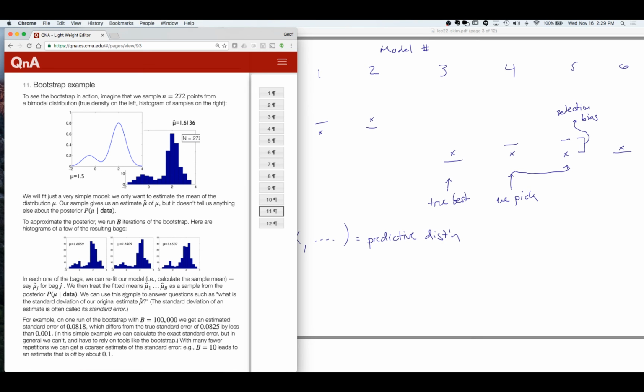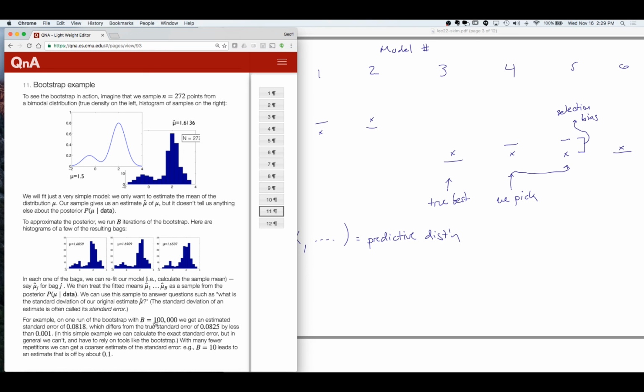Taking the mean of one of the bags corresponds to refitting our model in the jth iteration of the bootstrap, so we get a model parameter, just a mean mu hat, for each bag. We can use our bootstrap sample to answer questions like what's the probability that mu is bigger than 1.6, or what is the standard deviation of our estimate mu hat.